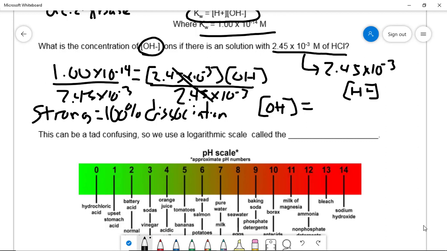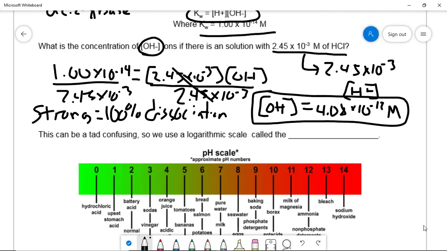And what I get is 4.08 times 10 to the negative 12th. And remember, it's concentration, so we're looking at molarity. Okay. So pretty straightforward there. But the problem with this is that those concentration numbers are very hard for everyday people.